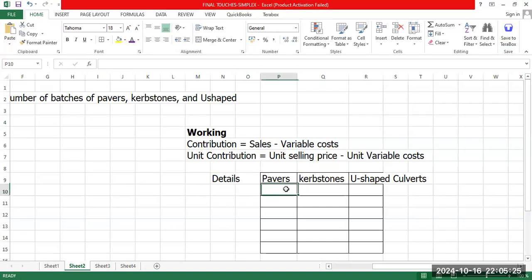I can say that my amounts are in thousands of shillings, so I can keep three zeros, or we don't keep the zeros. Remember, I am trying to find my unit contribution, and I need the unit selling price. Do you have the unit selling price for pavers?